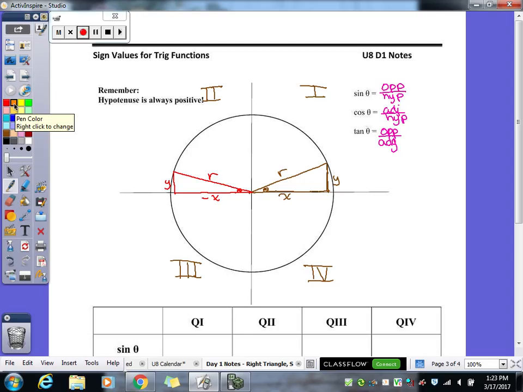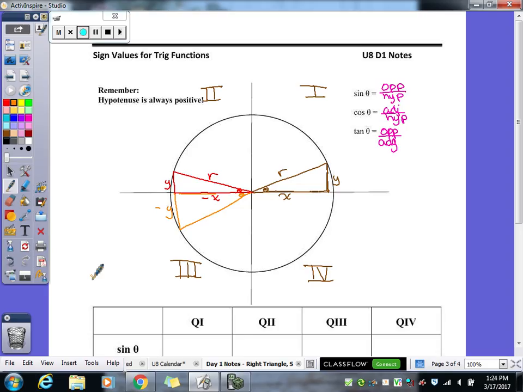So now if we're down here in quadrant 3, your theta, again, up there with the x-axis, always the x-axis. This side of the triangle, still negative x. This time going down the side would be negative y.